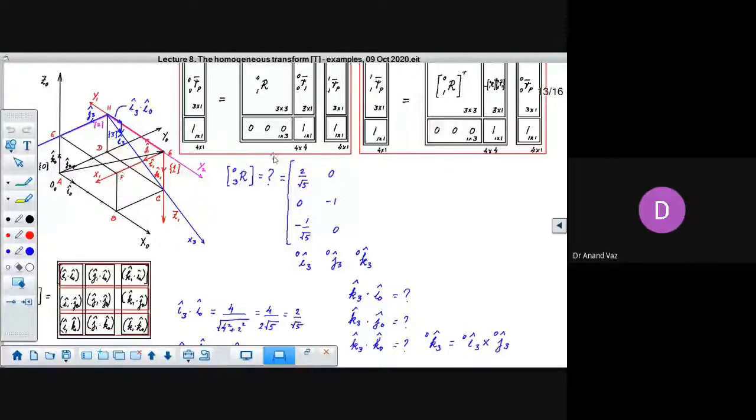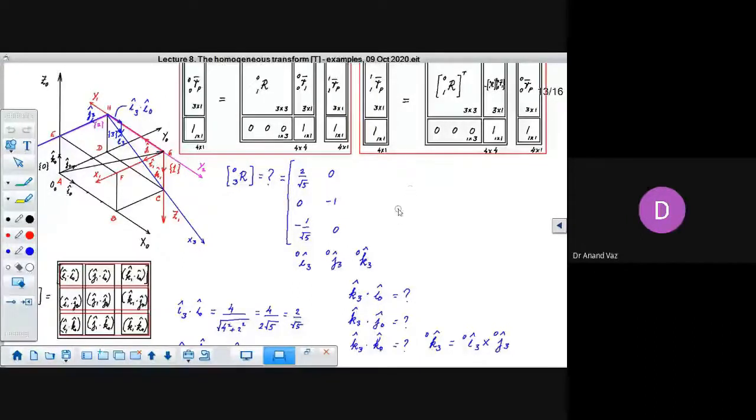We could construct the first 2 columns, and then we said that the third column is obtained by just taking the cross product of the first 2 columns, in this order, i cross j. But now comes the issue of how do we obtain this third column using matrix methods.